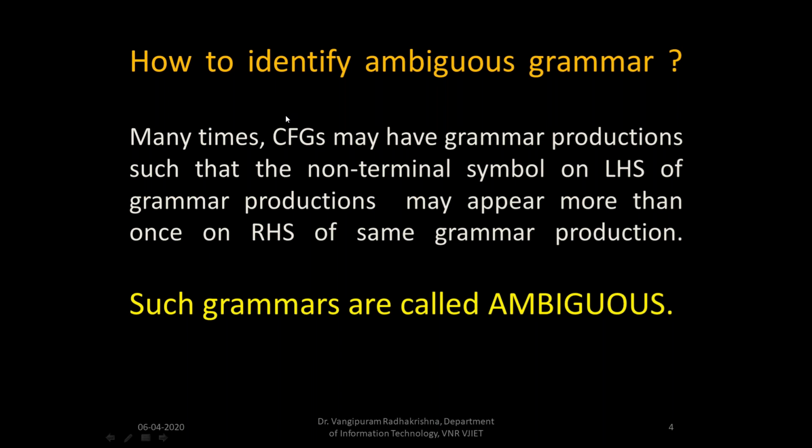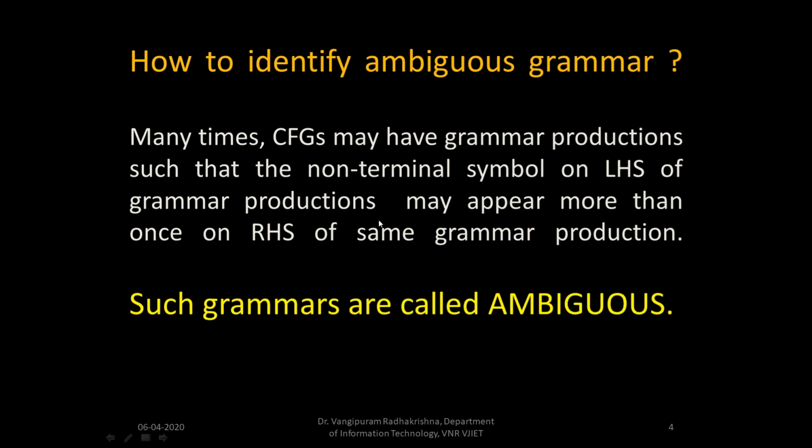So if you know the solution with respect to ambiguity, you have a solution with respect to LR0. If you are able to prove that the grammar is ambiguous, it means that we can eventually conclude that the given grammar is no more an LR0 grammar.